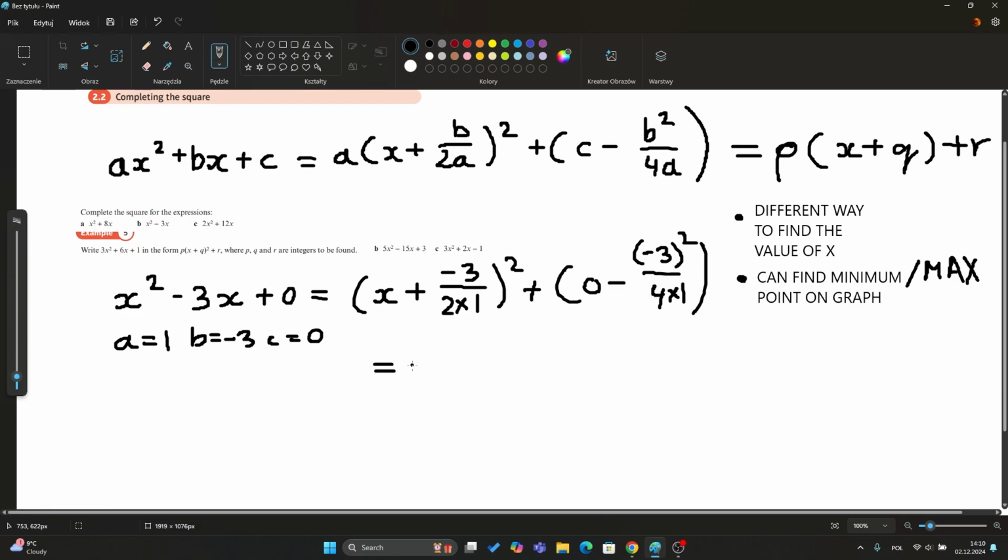And that is x minus 3 over 2 squared, minus, minus 3 times minus 3 is 9, so that is 9 over 4. So the following answer is x minus 3 over 2 all squared minus 9 over 4.